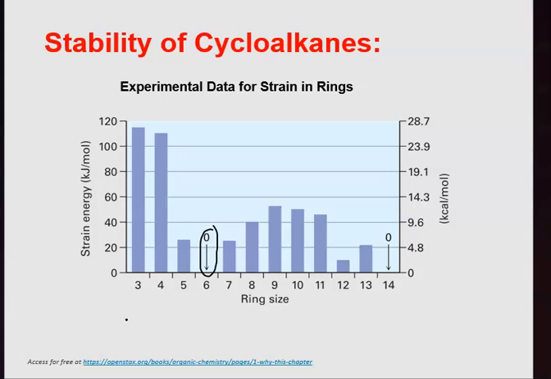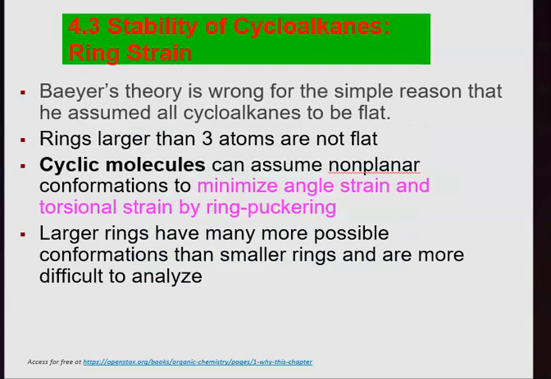Okay, actually, these molecules are not flat. Rings larger than 3 atoms are not flat, and they assume a non-planar conformation so as to minimize the angle strain. And this phenomenon is what is called ring puckering.